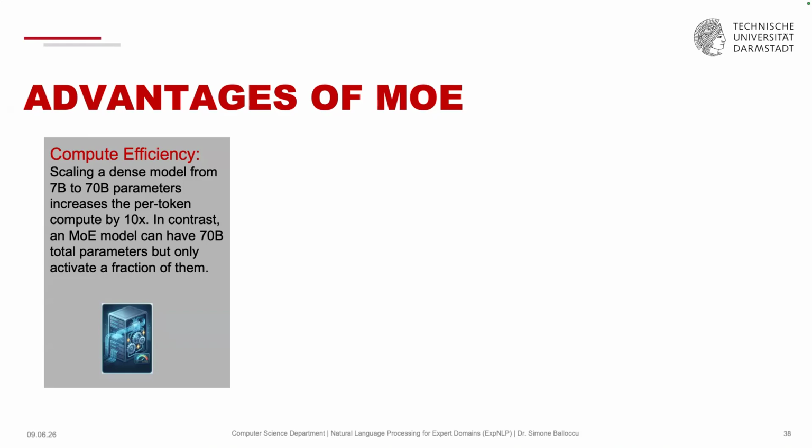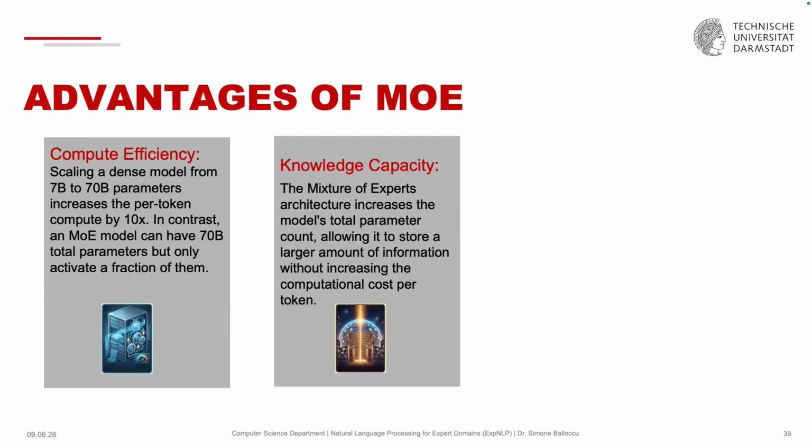Imagine in the Mixtral example, you have a model that has close to 47 billion parameters, but only activates 13 billion of them at each generation path. When you have compute efficiency, you can have bigger models with the same computational power. And having the ability to increase the model size helps you store more knowledge in your model.